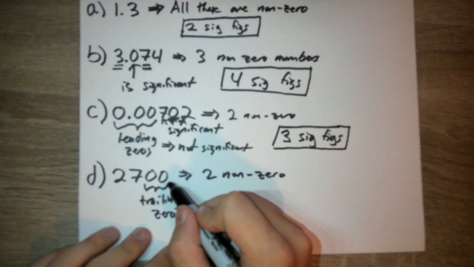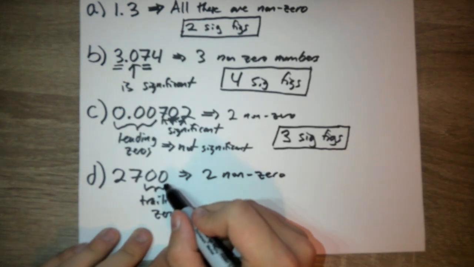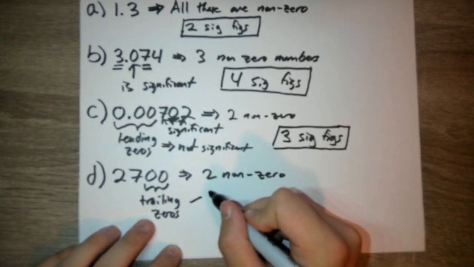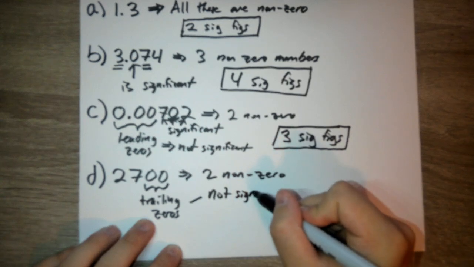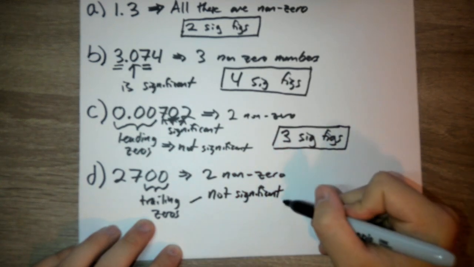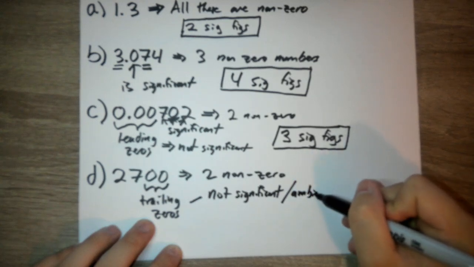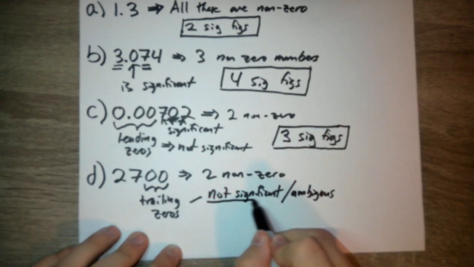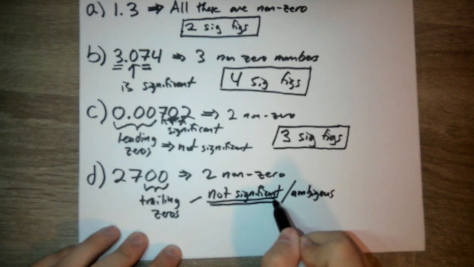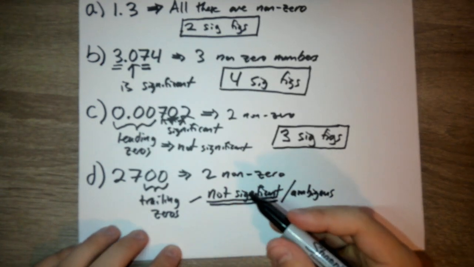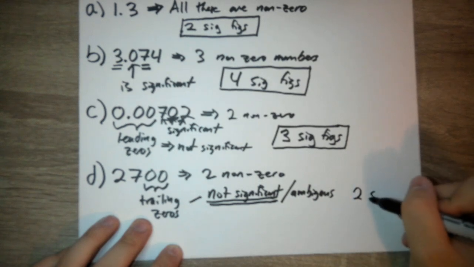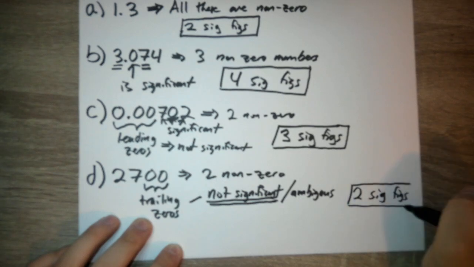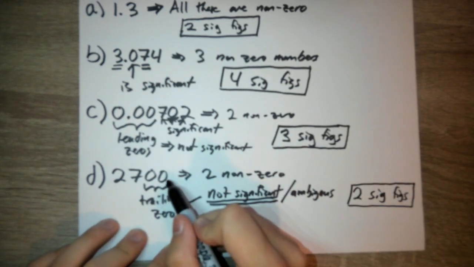So 2,700 is an integer number, meaning that these are not significant. Or they're more specifically ambiguous. So in this case, we just say they're not significant. We assume that they're likely not significant. So in this case, we have 2 significant figures because we have trailing zeros on an integer number.